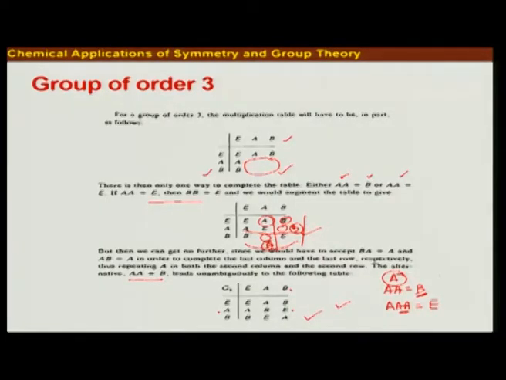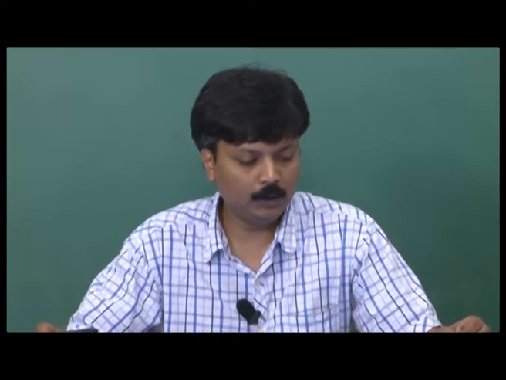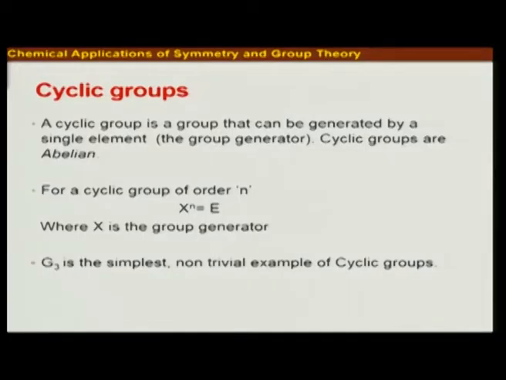So essentially what we have is A square and A cube, where A cube is nothing but the identity. So, this type of group can be generated. G3 can be generated by a single element which is A here, right. So, A cube equals E.